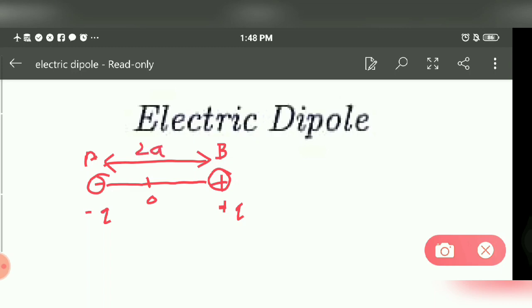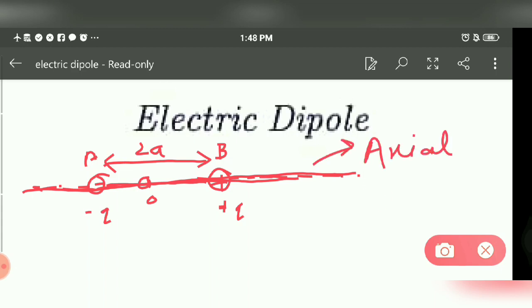Now there are two points. If we take along this axis, the line which is passing through the center, this is the axial line.